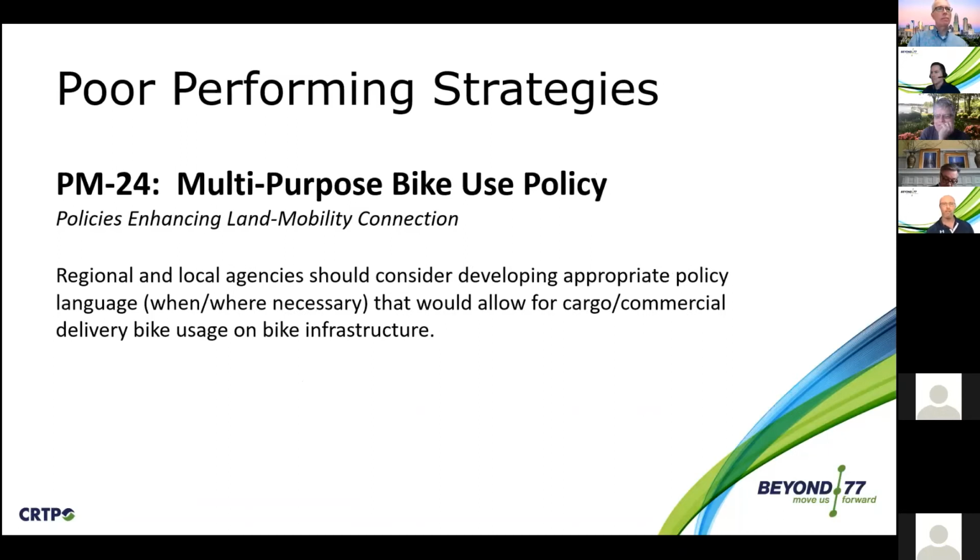Moving on to the next one is a multi-purpose bike use policy. And this really applies to more of the urban areas of our study area specifically. This is talking about looking at regional and local agencies and jurisdictions to consider developing appropriate policy language as cargo and commercial delivery bike usage becomes more prominent.